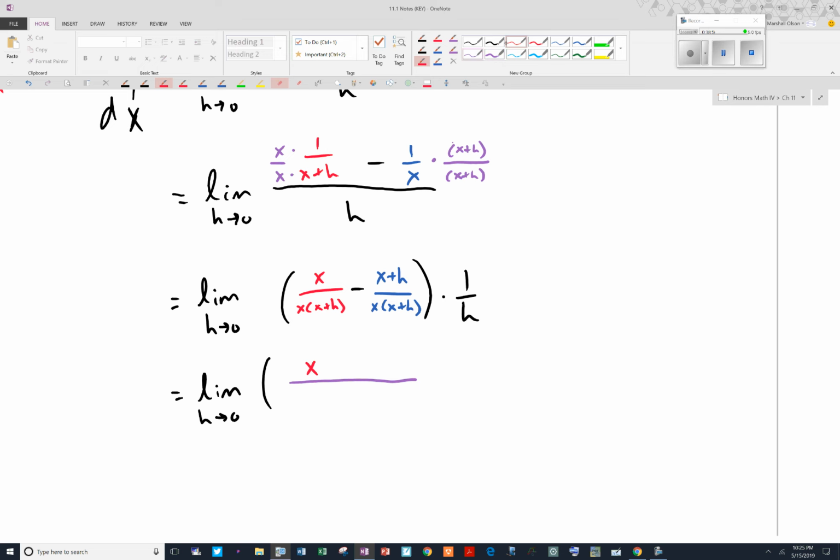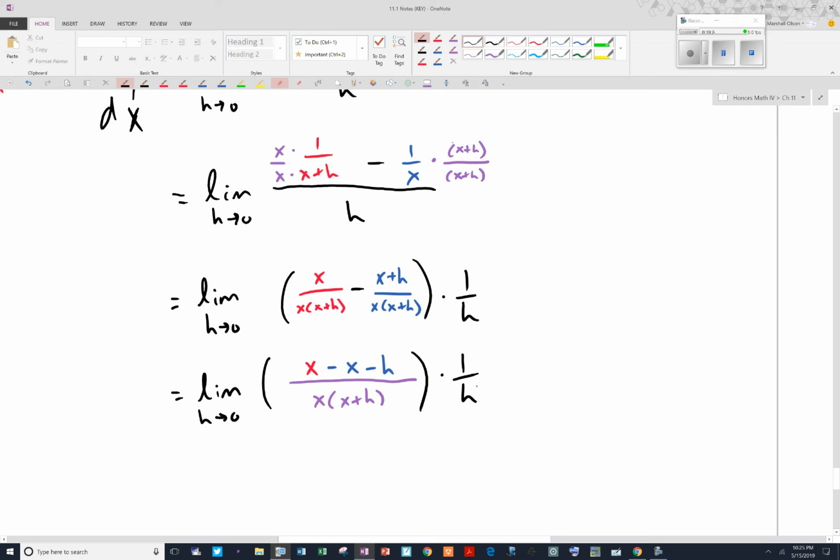But remember, the negative needs to be distributed, since both of those are being subtracted. So you either need to use parentheses and write one more step, or know that this is going to become minus x minus h. And our denominator is that LCD that we got. This is still being multiplied by 1 over h.